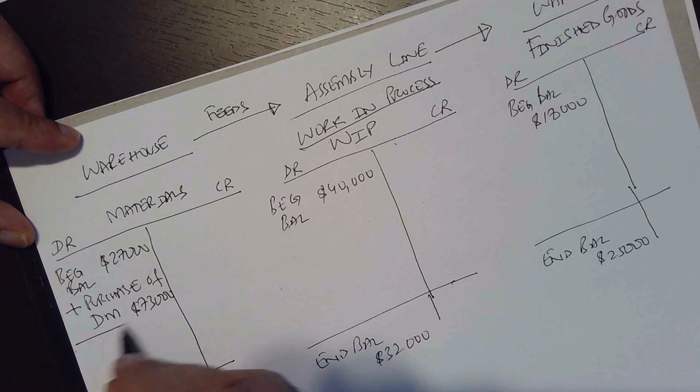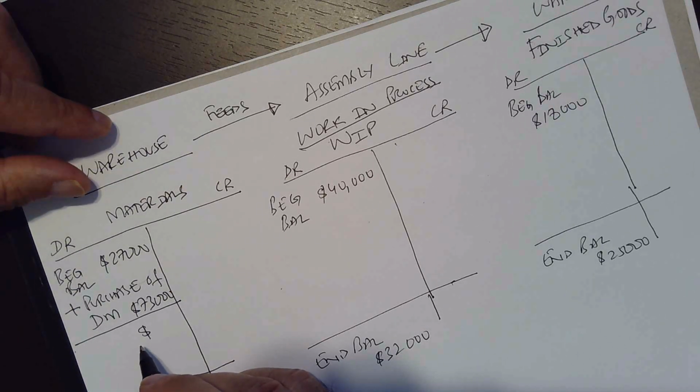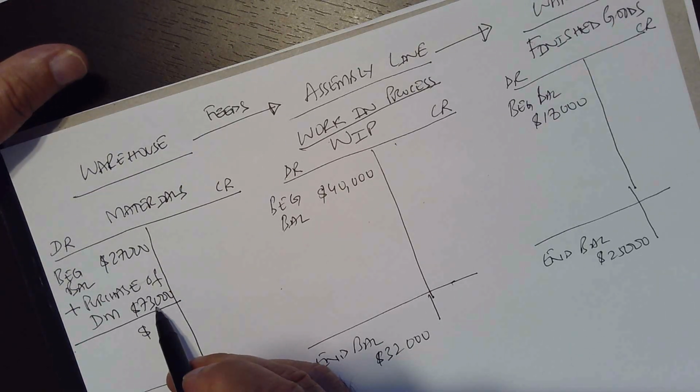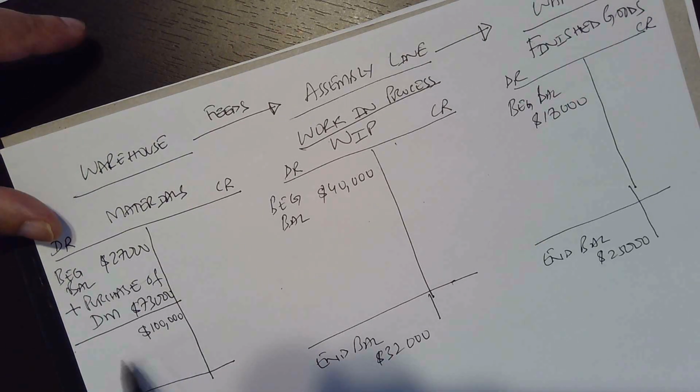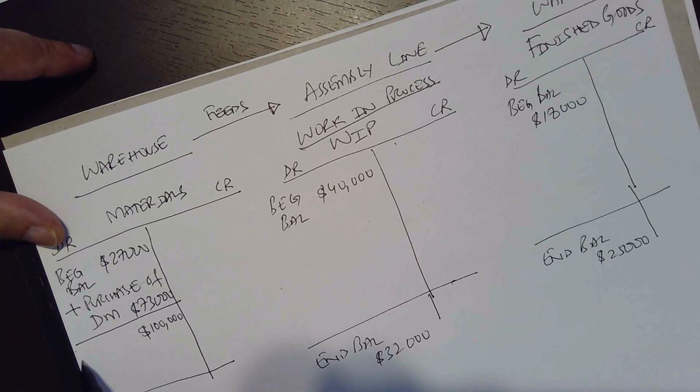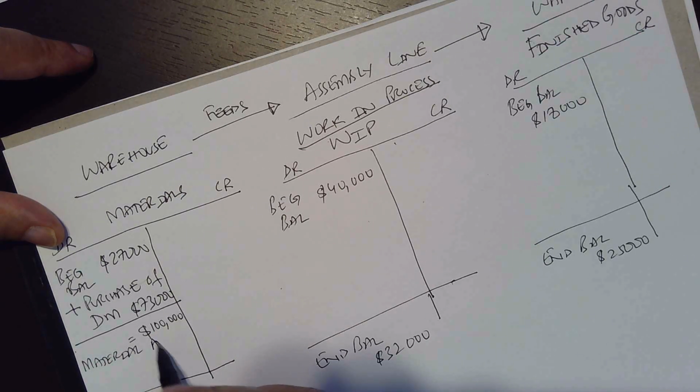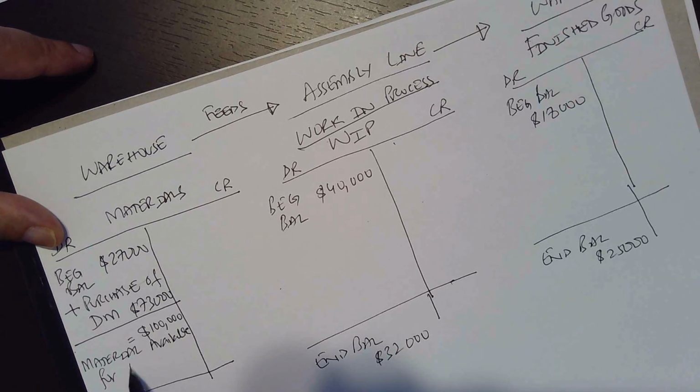So the total available we have is 73,000 we purchased, 27,000 we have, so it's a total of 100,000. So this is the material available for production. That's what is called material available for production.